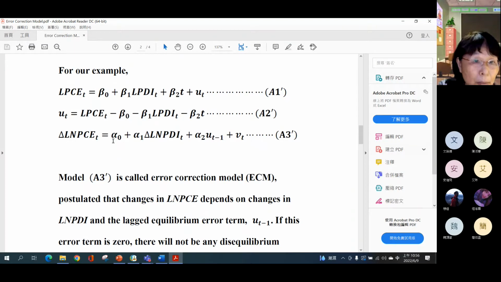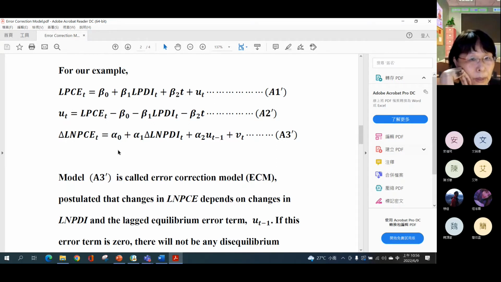Is this one? They don't have this one? Yeah, they don't have an alpha 0. Alpha 0, you mean this one? Yes. You mean they don't have this constant term from A1 through A1 prime? Yes. Usually we do have constant terms. Usually we do have it.